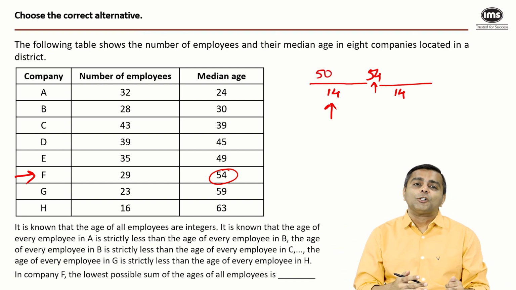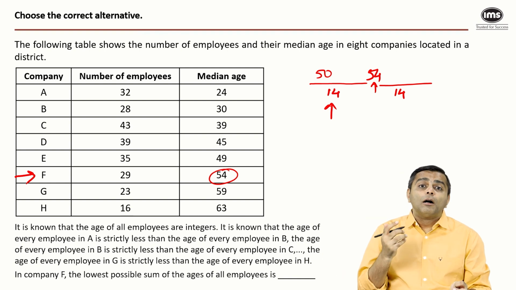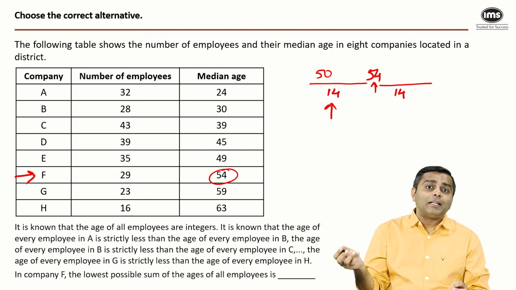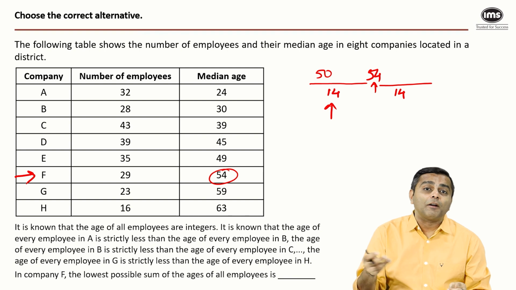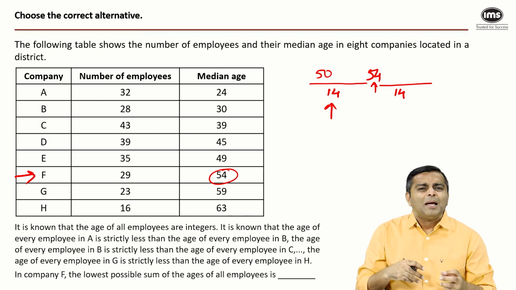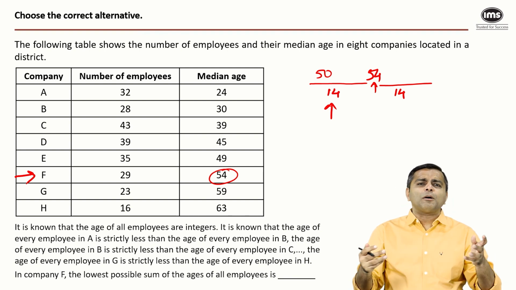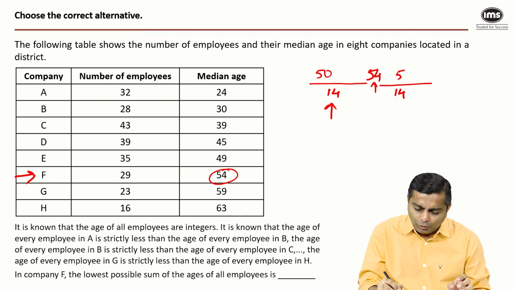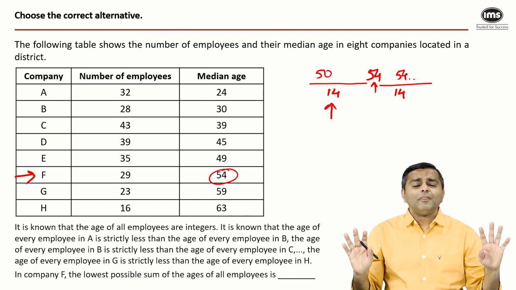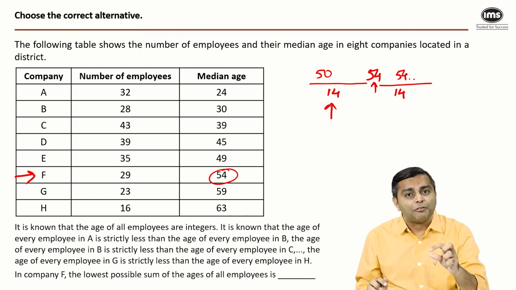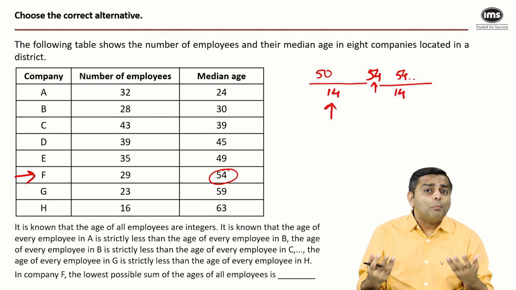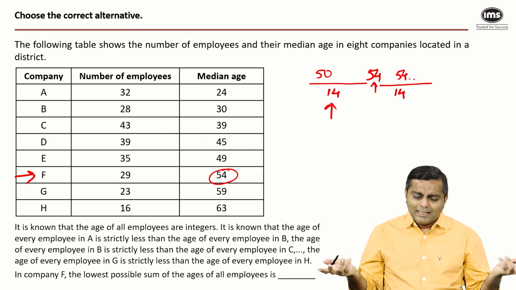And in the next group, the maximum age is one less than the next group, which is 58. But we don't have to maximize, we have to minimize. Because we want to minimize, I'm not going to think more. I'm just assuming everybody has 54 only. All of them are 54. Median will still remain 54, right? Because I want to minimize the total of the ages. That's about it. We are done now.